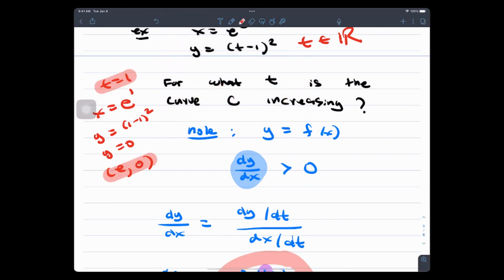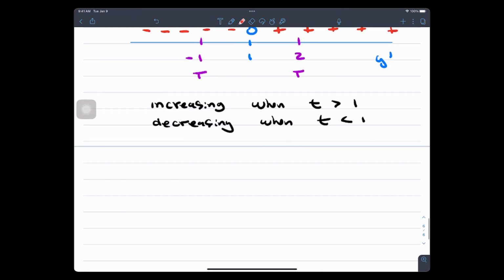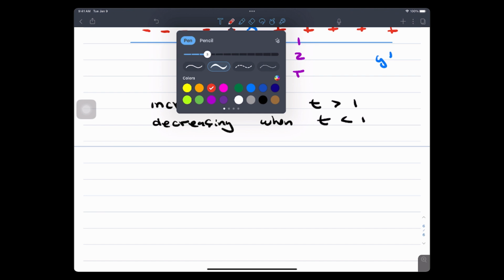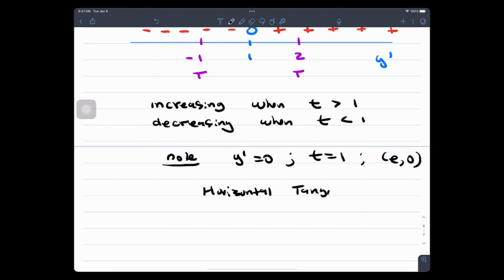When t is 1, what do you guys have? E's at that location, e, 0. When that derivative equals 0, y prime equals 0 happens when t is 1, and it's at the point e, 0, right? You have a horizontal tangent.